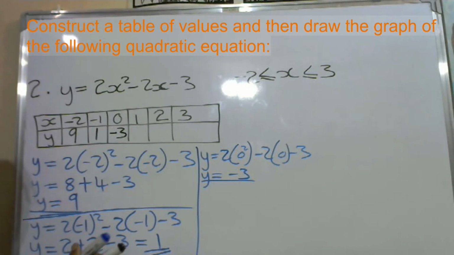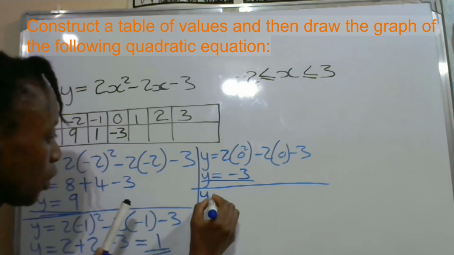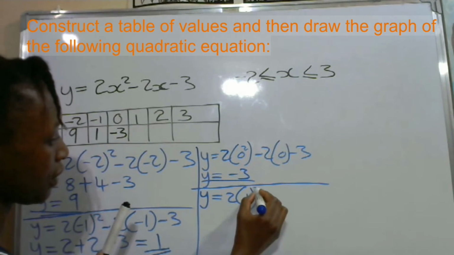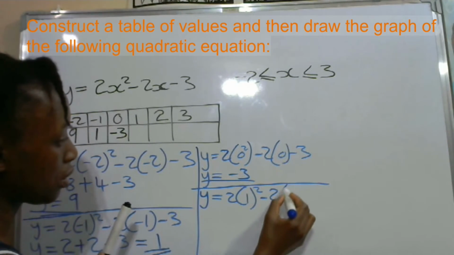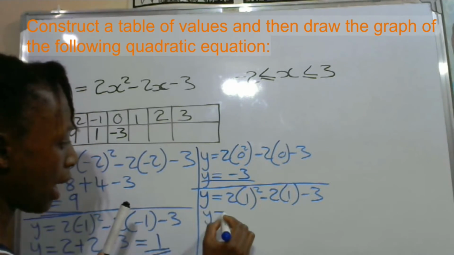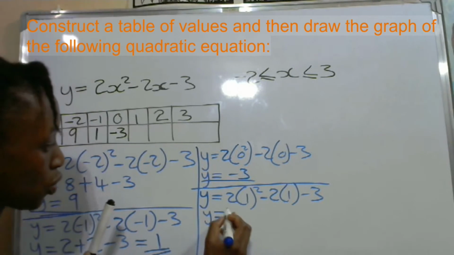So now when x is a positive 1, we'll see what the y value will be. So y will be 2 times 1 squared, it's a 1, 1 times 2, it's a 2.